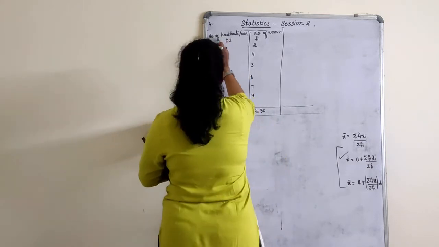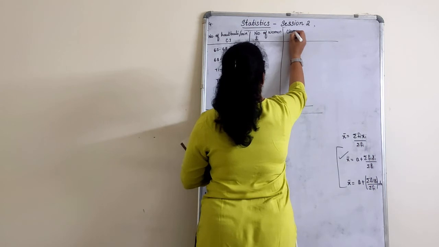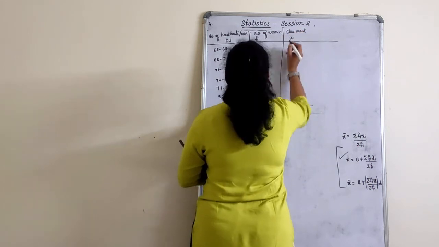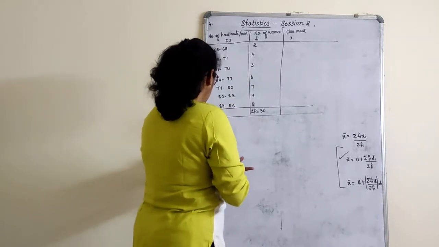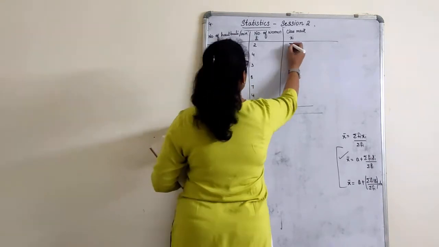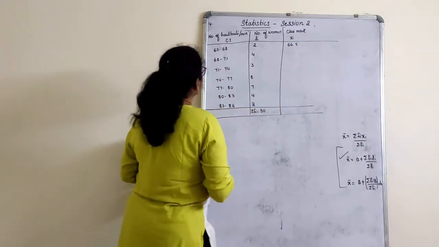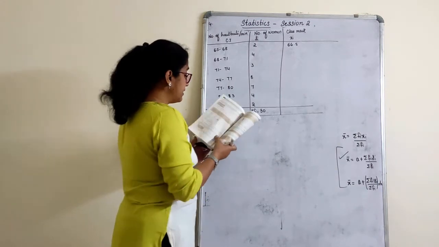Then class mark is compulsory to find out. First find class mark. These three are compulsory given children usually here. Finish those things first. Class mark is Xi. Now look at the class mark here. 65 plus 68 divided by 2. So when you find, answer is 66.5. Okay, so decimal what you get here. This is the first time what we are getting in decimal.